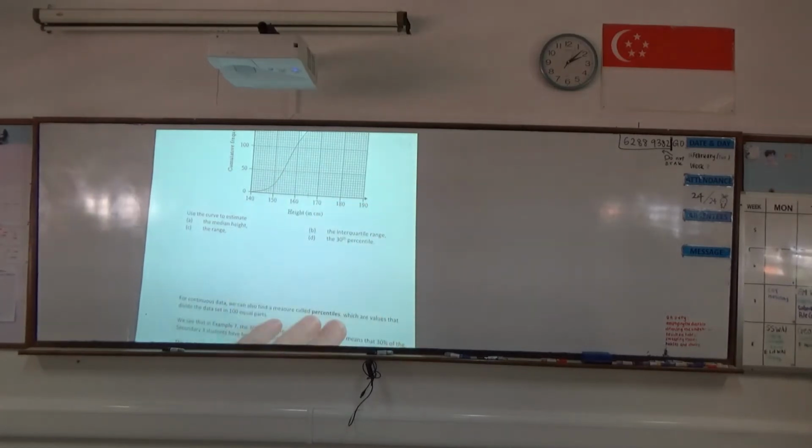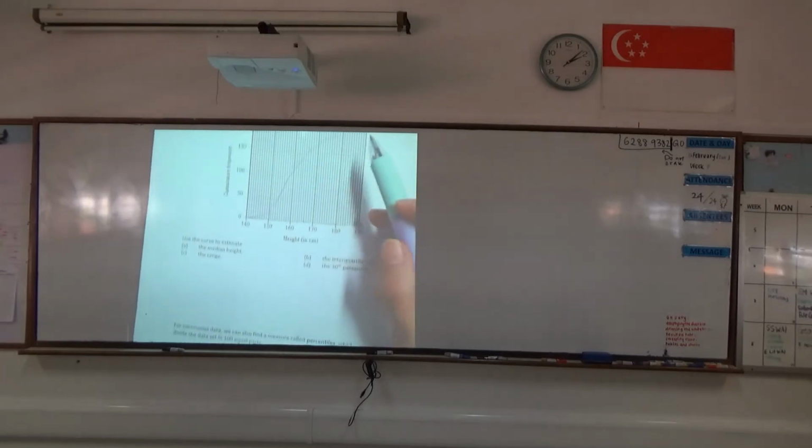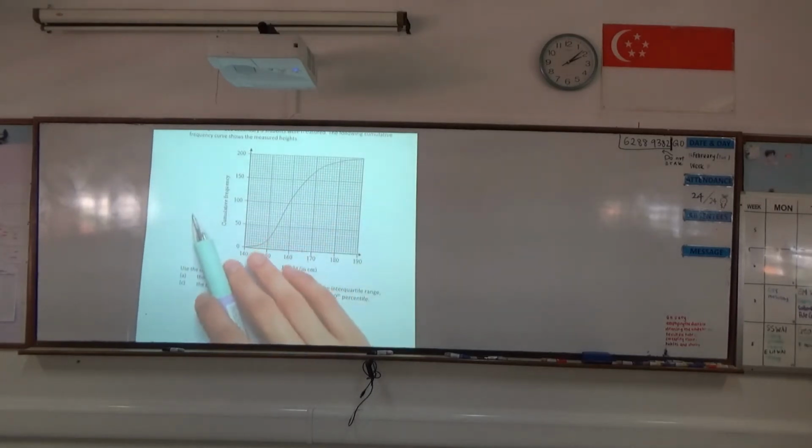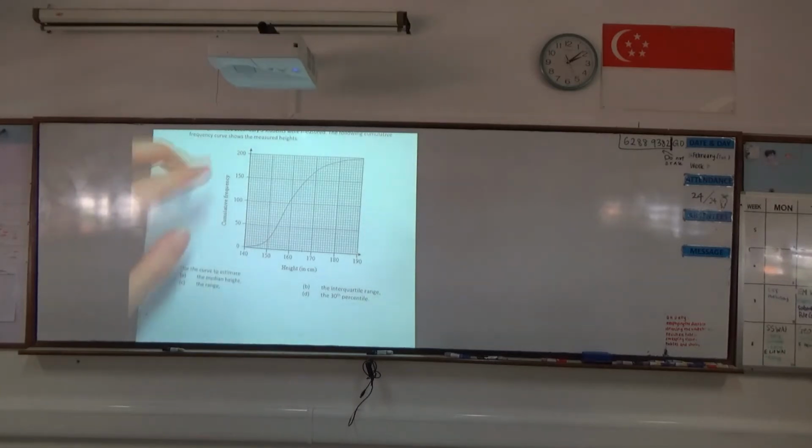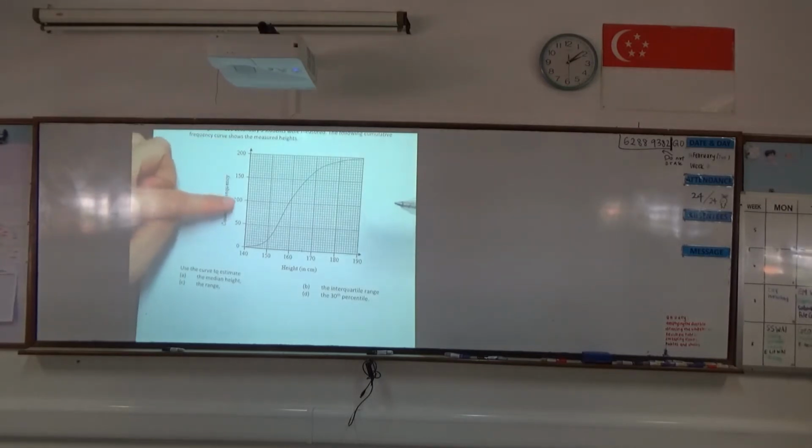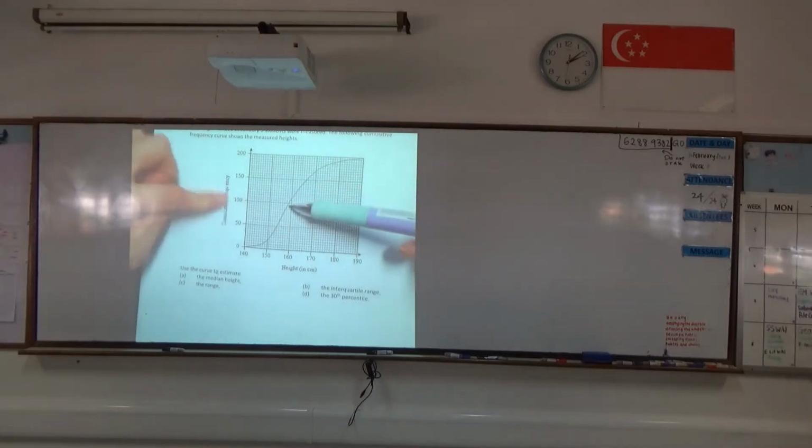In part A, when we want to find out the median height, recall that if we have, let's say, 24 students, we divide the 24 students into 2, so 12 and 12. In between, we sum it up and divide by 2. That is if we have even data. But in the continuous curve, we have 200. I will look for the middle at 100. I always look for the middle.